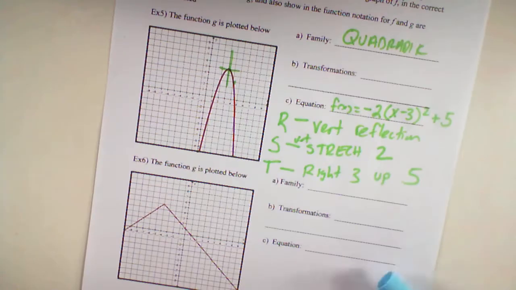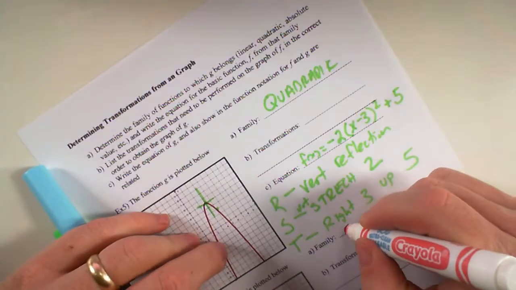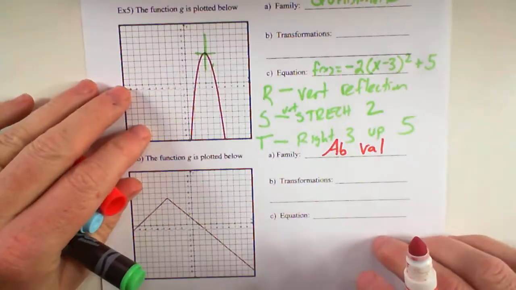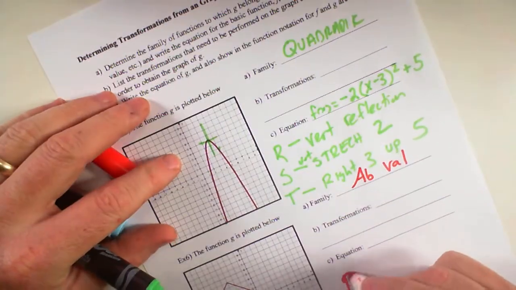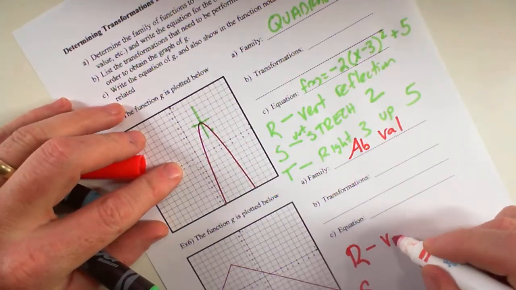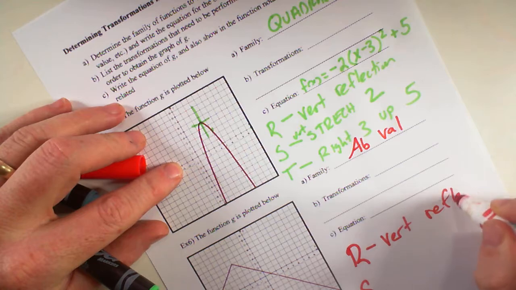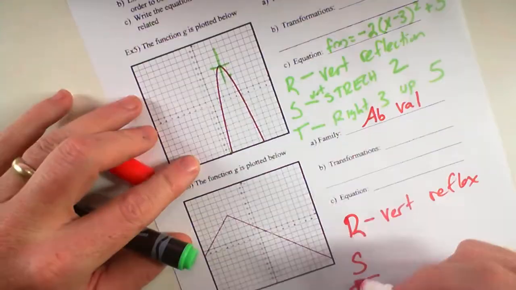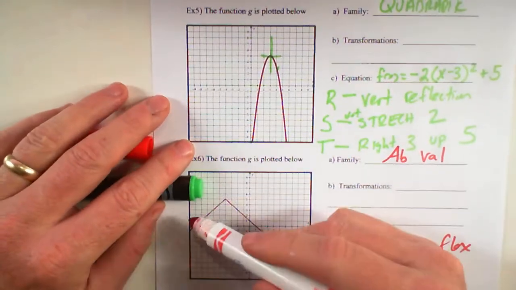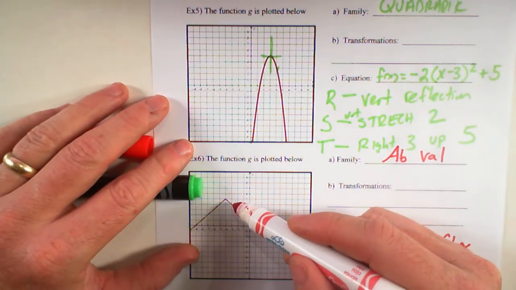Next one, family. This is my absolute value. What transformations? RST, reflection, vertical reflection. Is there a stretch? I go over 1, down 1. All right, if you look at that, over 1, down 1.